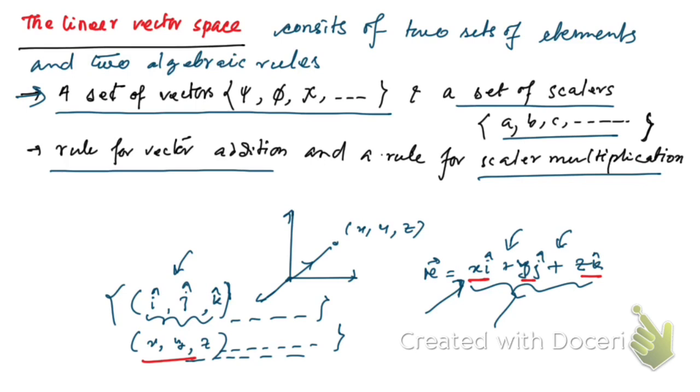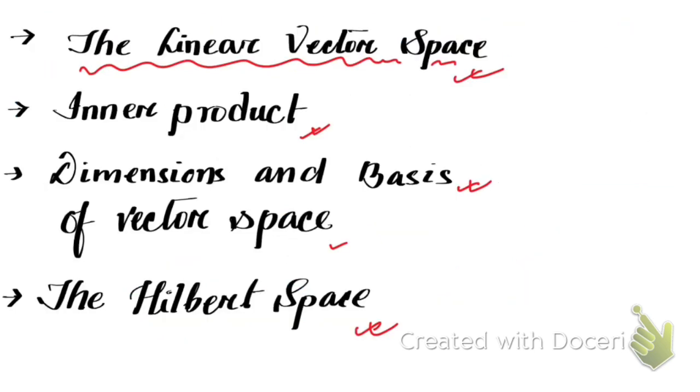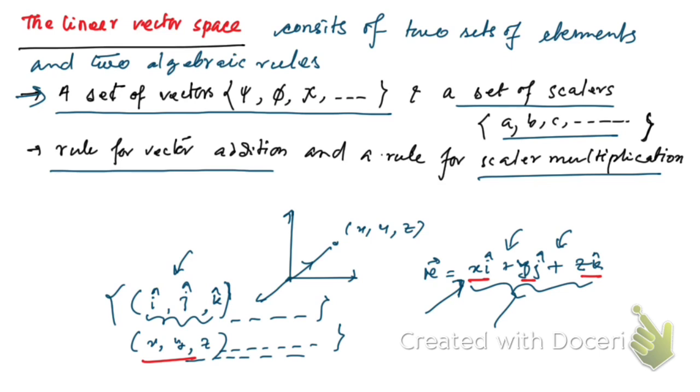Before we go to the rules, let me tell you one more thing: dimensions and basis of vector space. If you take this example, the position vector that we used to know, the dimension is 3 in this case.